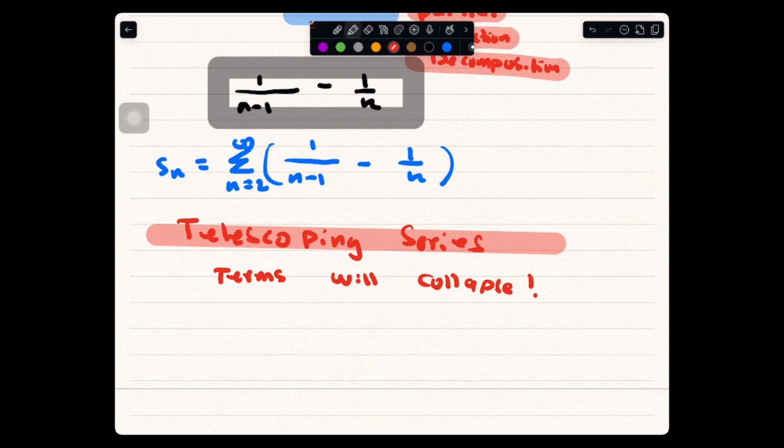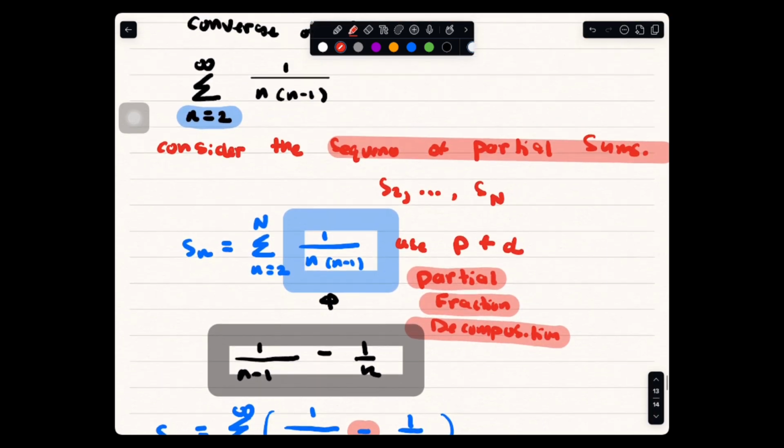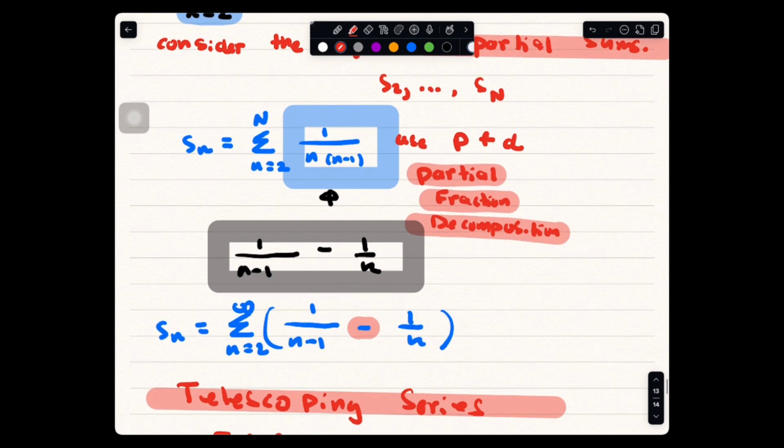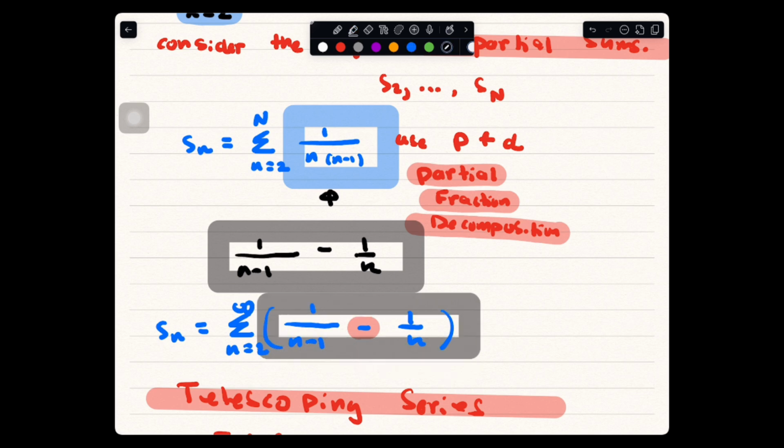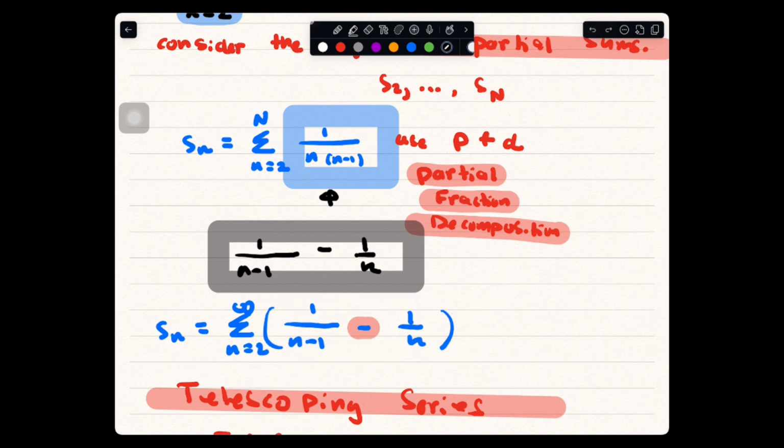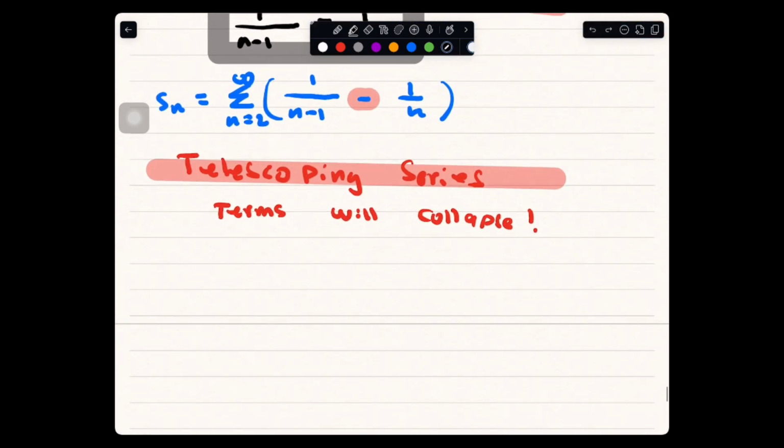Now, the key, though, is this subtraction, and that's what I want to point out to you guys. The reason you don't start with this original version and you go to the partial fraction decomposition version, using this difference, is you're going to see collapsing terms. Okay? So let me show you what I'm talking about, the collapsing terms now.